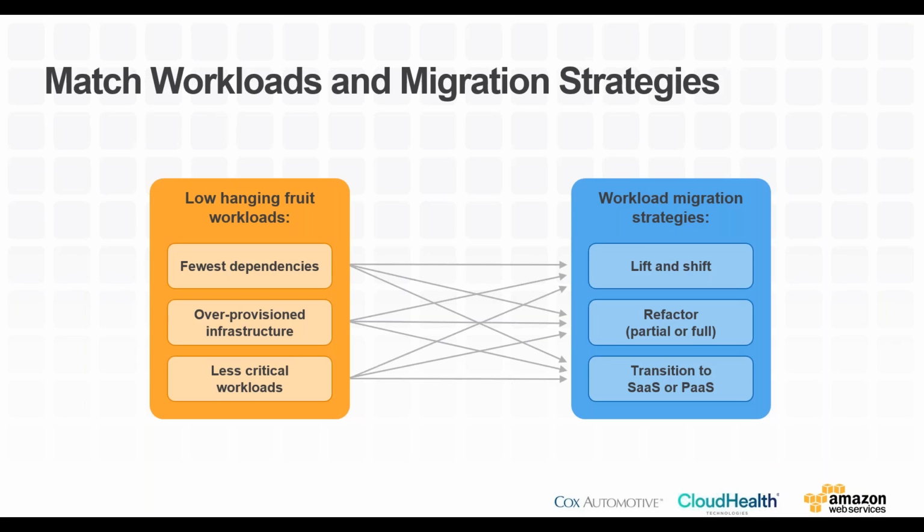So the point to note is there's really no right answer across where you start with migration and how you choose to do it. The simple truth is you'll probably do all of these over the course of a large migration of global data center infrastructure into Amazon. But CloudHealth can support you in each of these different approaches.